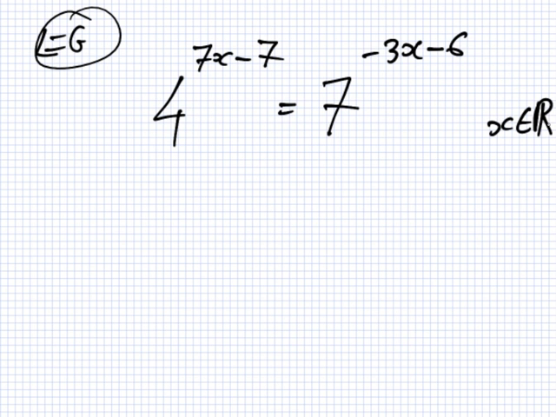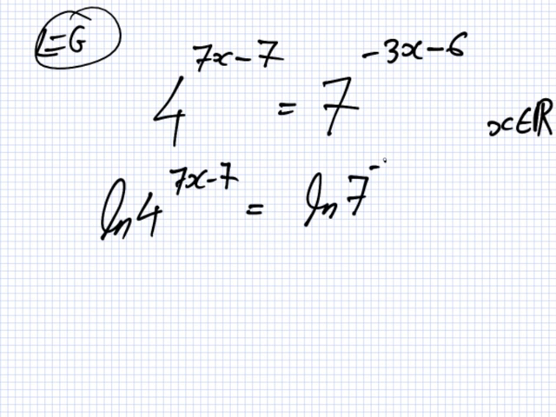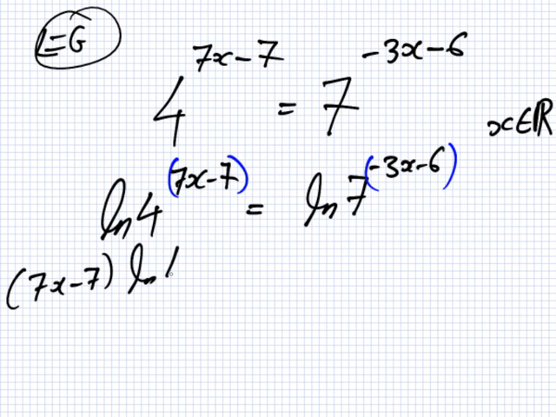Okay. So the trick here is the same. You put log on both sides. So you have log 4 to the power 7x minus 7 equals log 7 to the power minus 3x minus 6. And again, you bring the powers down, but be very careful. These should be in brackets to make it a little bit easier. So you get (7x minus 7) log 4 equals (minus 3x minus 6) log 7.